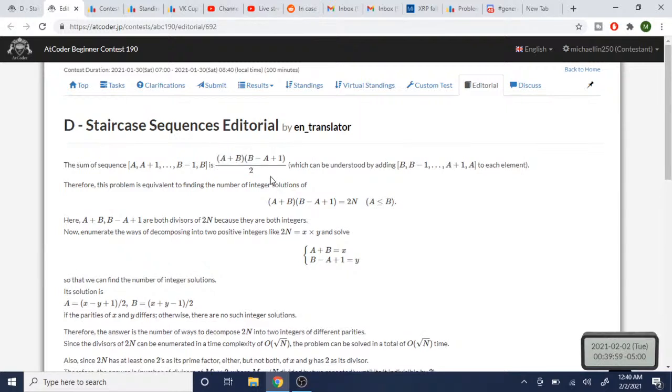I think it's because the sum of 1 to b is b times (b plus 1) over 2, right? So I don't know what that means. We're just going to be adding b minus 1 to a plus 1, a to each element. I don't know what that means.